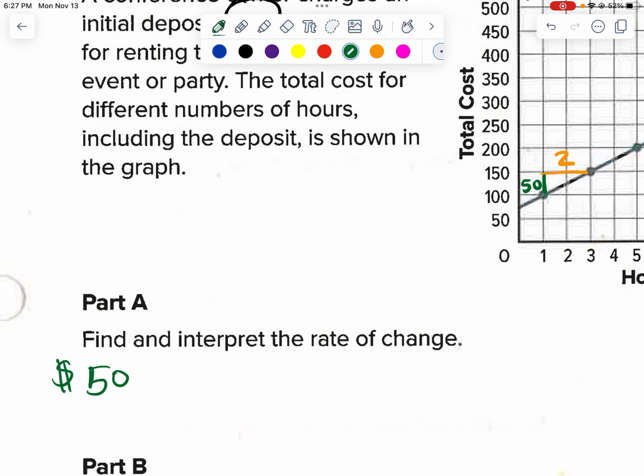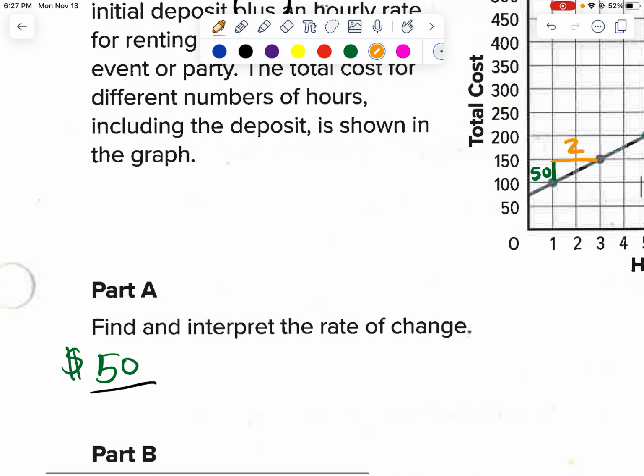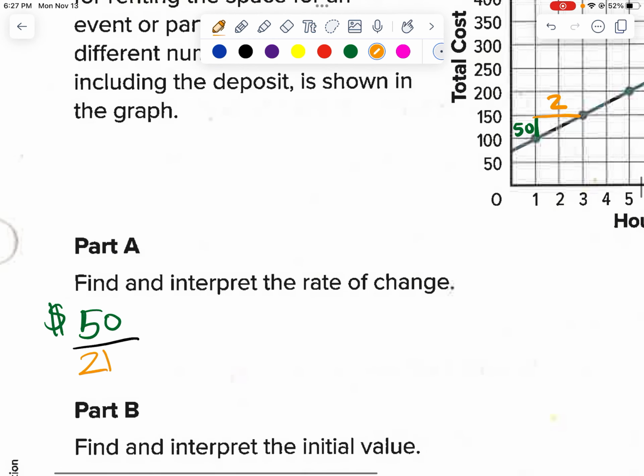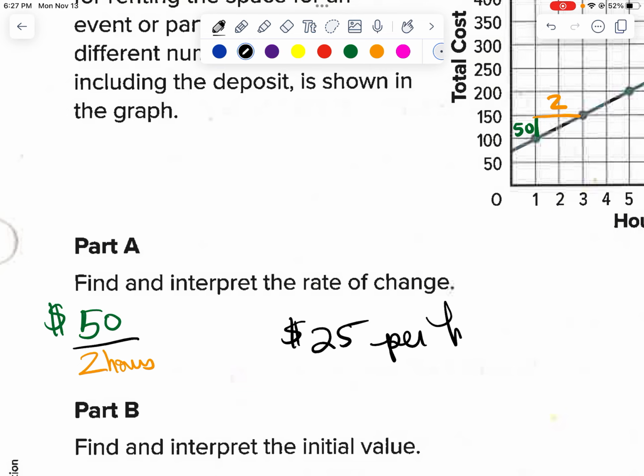So 50 over 2 what? 2 hours. So I simplify that and I get $25 per hour.